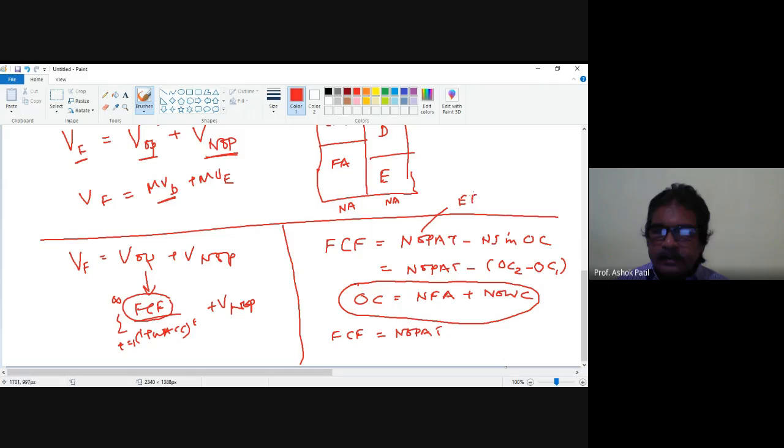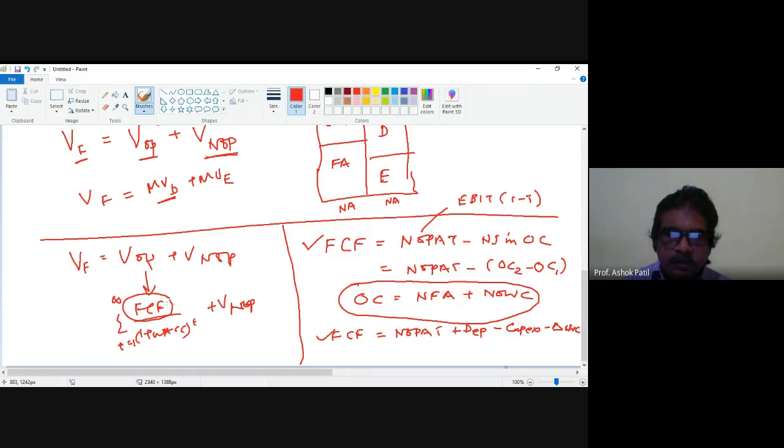So NOPAT, we said, plus depreciation for the period minus capex and minus change in net operating working capital. So we have used this equation also to calculate FCF. So calculate FCF using this or this.